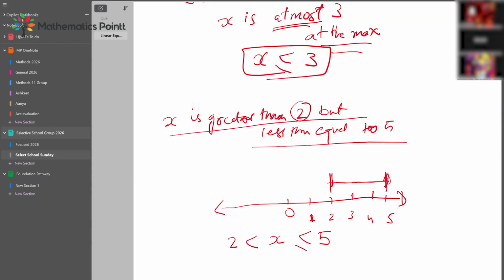You can also write it the other way around if you really want to. So you can write it like this. But that is not good hygiene. That's not how we want to look at it. The smaller numbers are always on the left-hand side because of its nature, and the greater number should always be on the right-hand side.